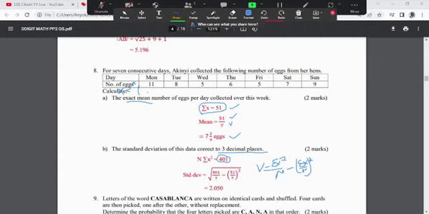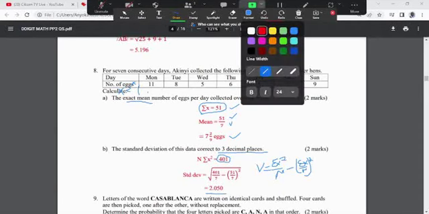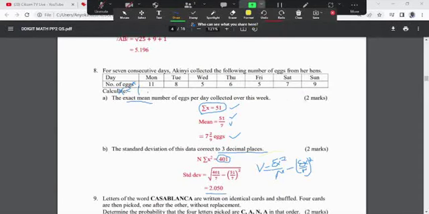Evaluating this gives us 2.050. I would like you to master properly the methods used in finding variance, and the standard deviation is equal to the square root of variance. So we cannot arrive at standard deviation without going through variance. Standard deviation comes after you have worked out the variance of the given data.